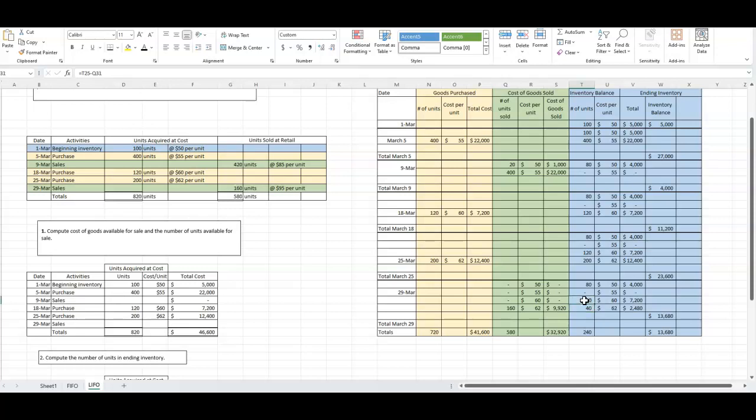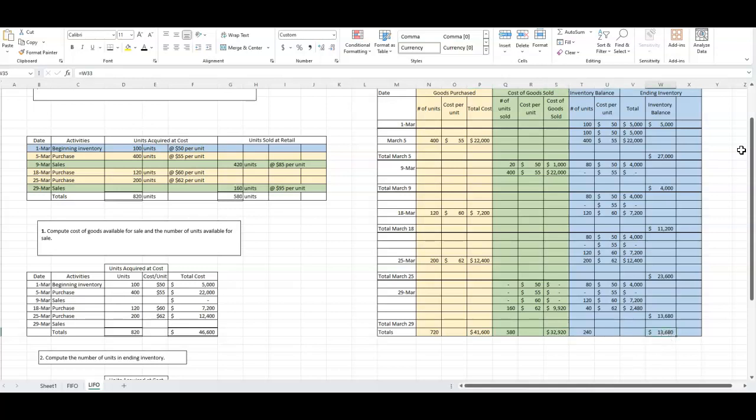These other 3 layers are not affected, because we can pull all those units straight from that last layer. That gives us our goods available, goods purchased, 41,600, our cost of goods sold, and our ending inventory.